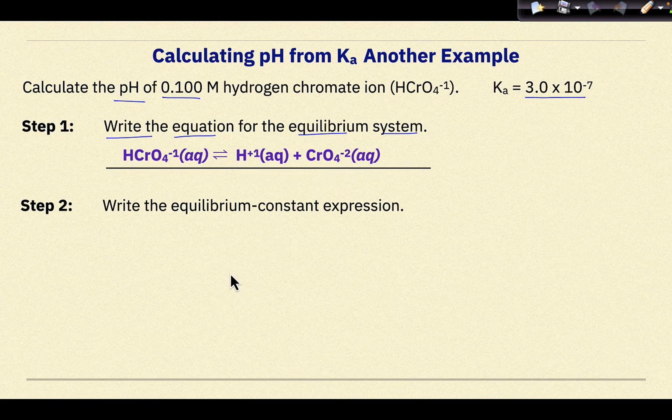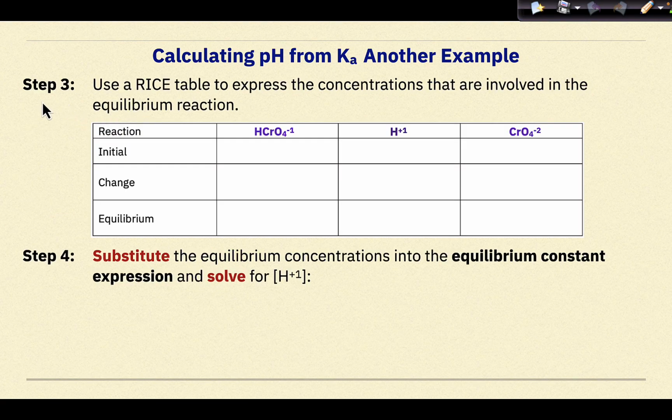The next step is to write our equilibrium constant expression. So Ka is equal to the hydrogen ion concentration times the concentration of the chromate ion divided by the concentration of the hydrogen chromate ion. Step 3 is to use a RICE table to express the concentrations that are involved in the equilibrium reaction.